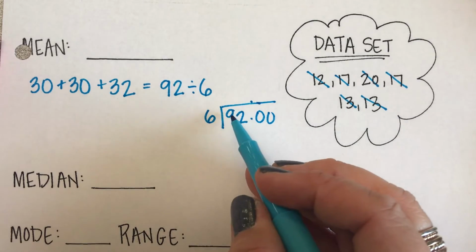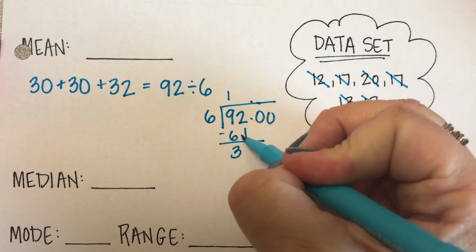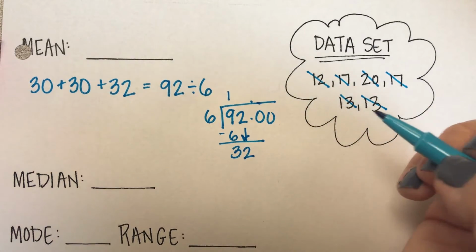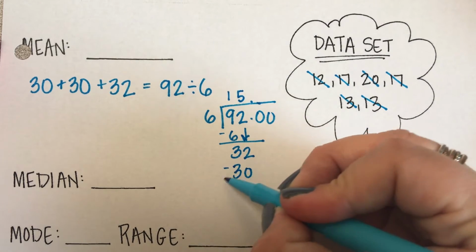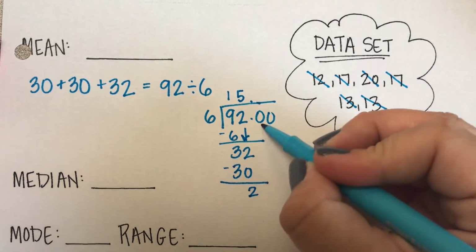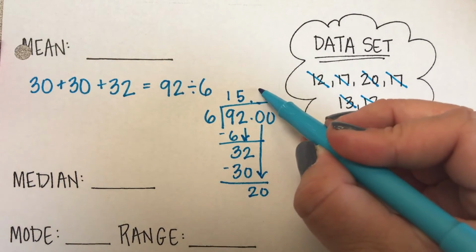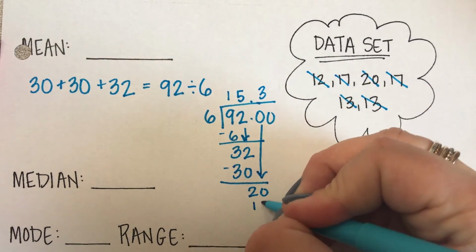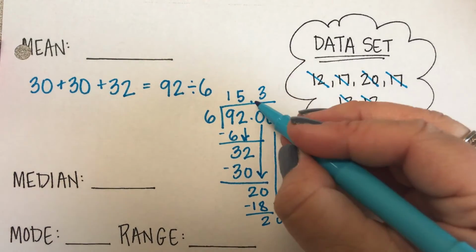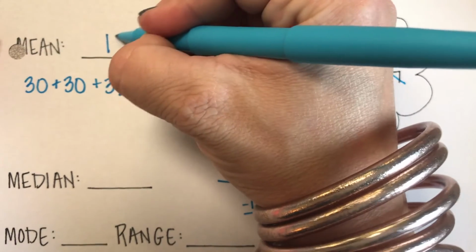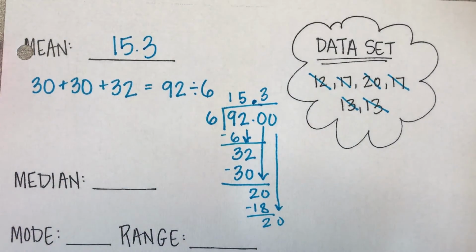So 6 goes into 9 one time, that's 6. 6 goes into 32 5 times, that's 30. 6 goes into 20 3 times. And what's going to keep happening here? It's going to be repeating. So we're going to round to the tenths place and make the mean 15.3.